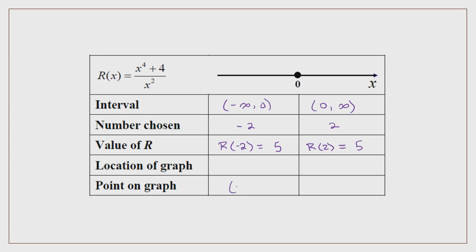So my 2 points are negative 2 and 5 and 2 and 5. Both of them have a positive value, so both points are going to be above the x-axis. Alrighty. But I know that my graph is going to resemble y equals x squared.